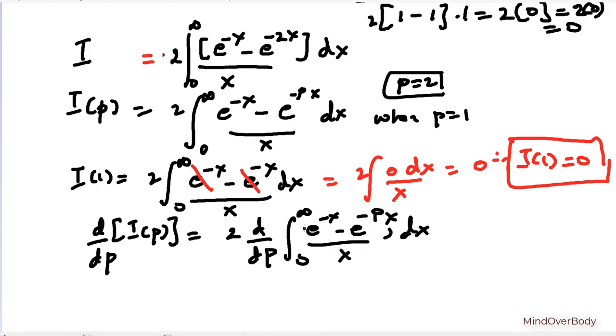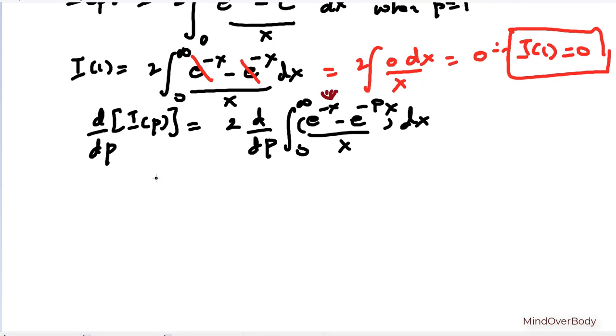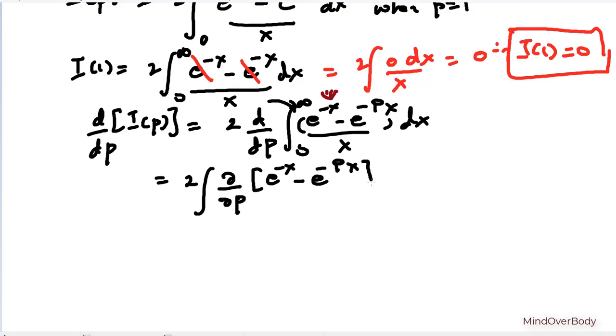Now this quantity which you see here is totally bounded, and because of that, I can push d over dp inside, and when I do that, d over dp will become dou over dou p. Total derivative will become partial derivative. So dou over dou p of (e raised to the power of negative x minus e raised to the power of negative p times x) divided by x times dx.